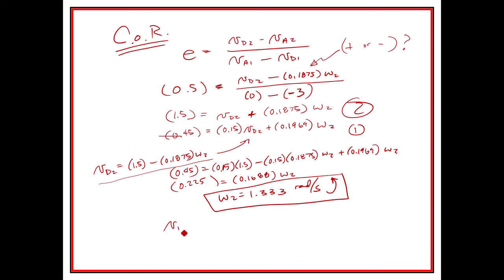And so VD2 is going to be equal to 1.5 minus 0.1875 times 1.333, and what are we going to find? 1.5 and 0.1875, 1.333, and we're going to multiply and then subtract, and I get a positive 1.25 meters per second, I believe, right?